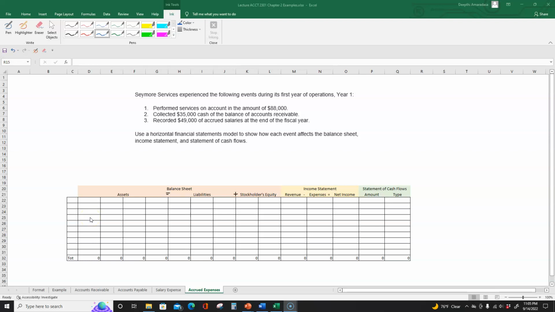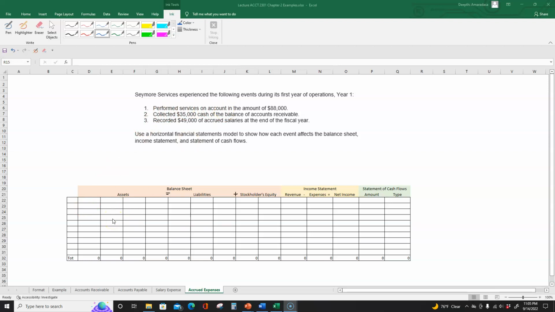This particular one talks about performing services on account in the amount of $88,000. So we, the company, performed services. You know that whenever we perform services, we earn revenue. So the company earned revenue of $88,000. But did we get paid immediately? No, we didn't, because it says that we performed services on account. That's the key word, on account.